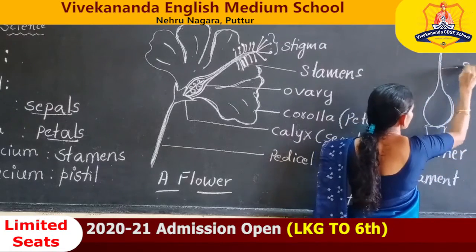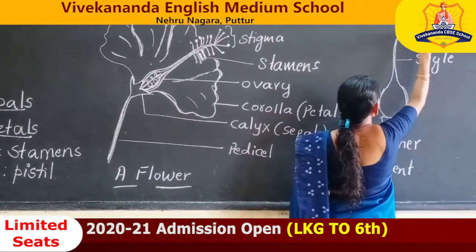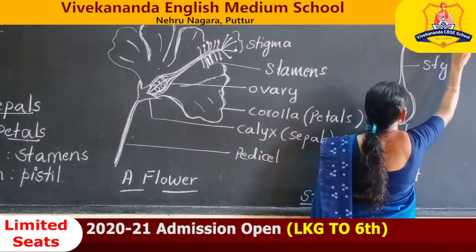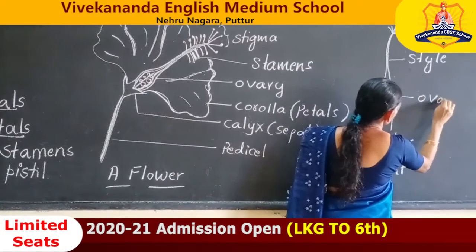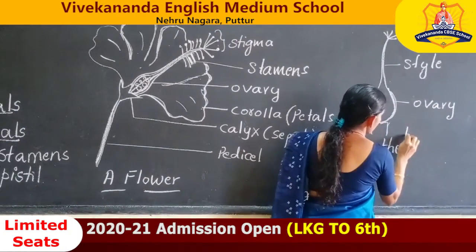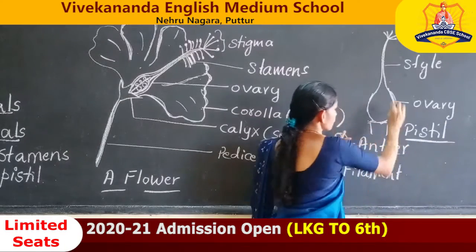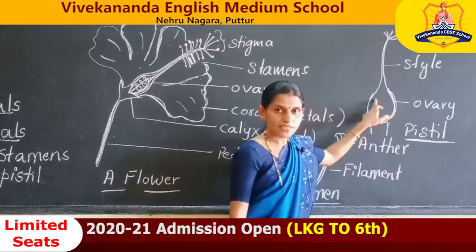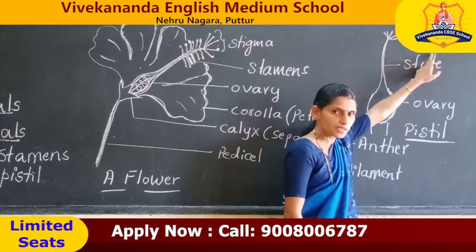It is a diagram of the pistil or gynoecium. Three parts: basal ovary, mid part style, and tip part stigma.